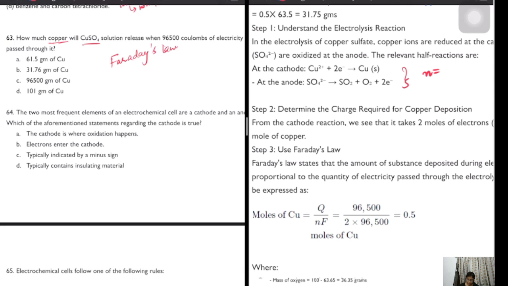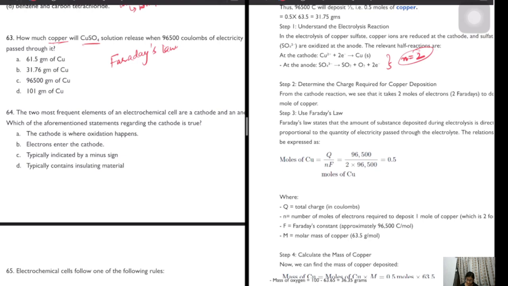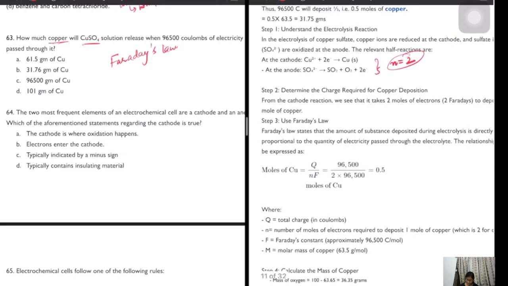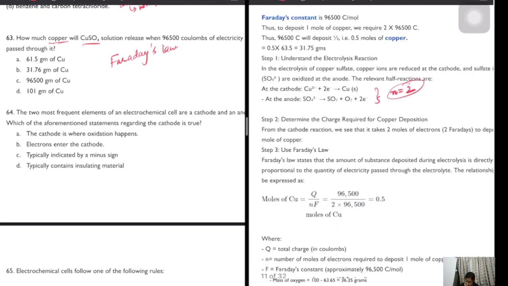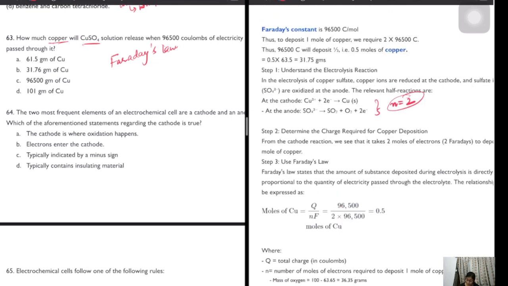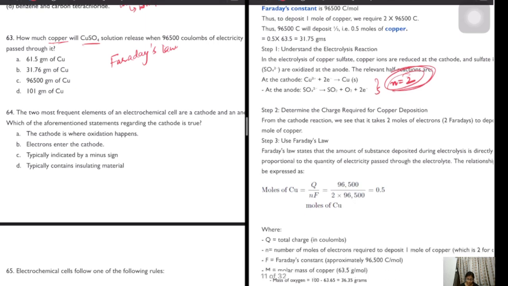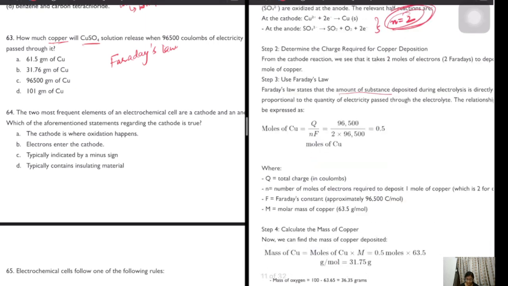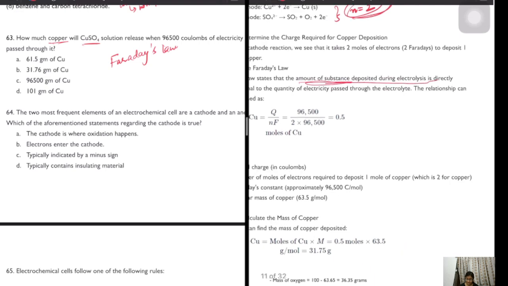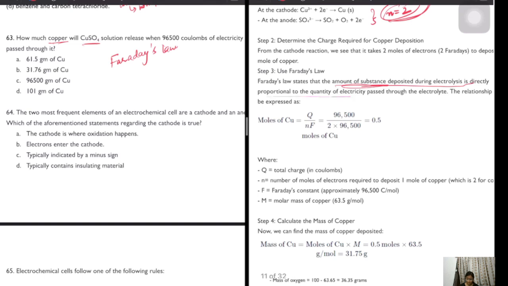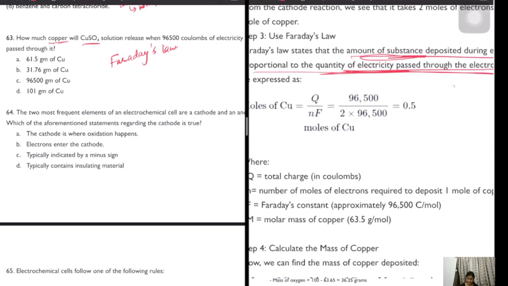And then what we will use is Faraday's law. Now we got n equals 2, that is 2 moles of electrons change is taking place. Faraday's law states that the amount of substance deposited during electrolysis is directly proportional to the quantity of electricity passed through the electrolyte. The relationship can be expressed as this.